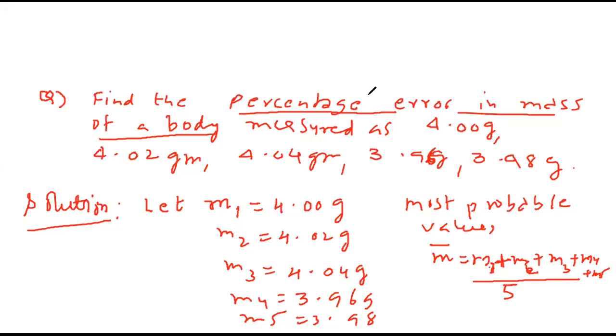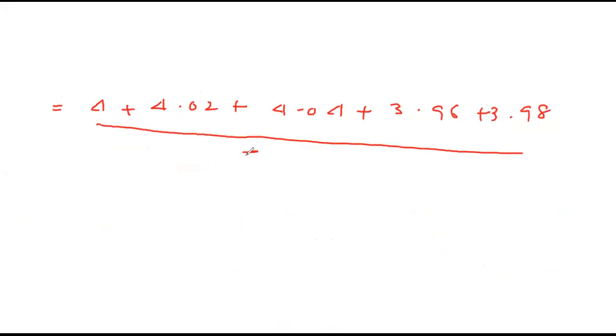Now I think everybody has done, correct? Yes, sir. Okay. So first mass M1 was 4, M2 4.02, M3 4.04 plus 3.96 plus 3.98 divided by 5.